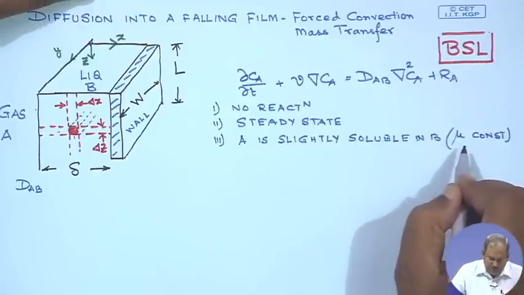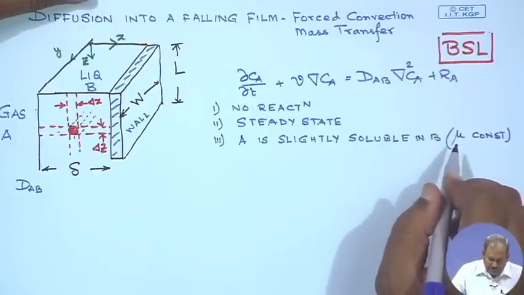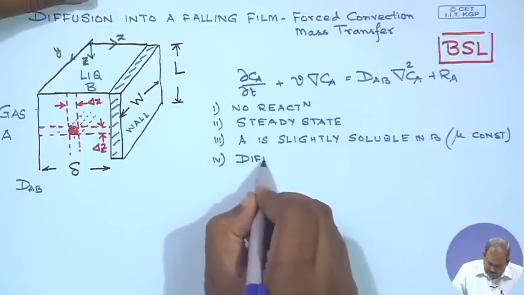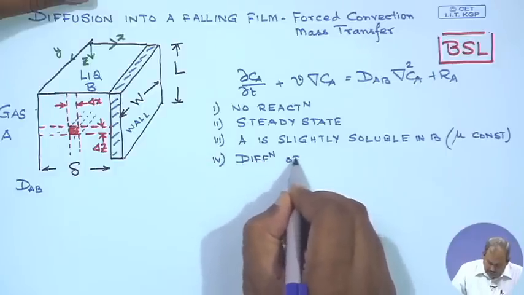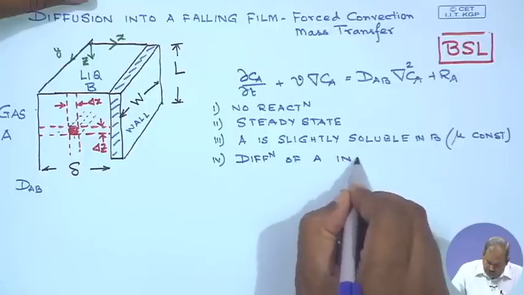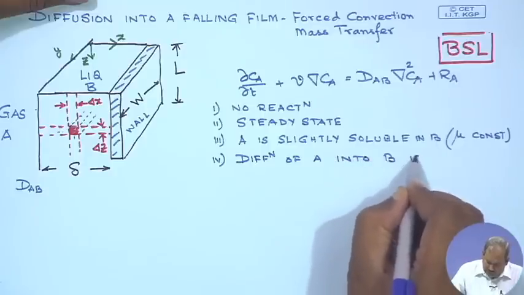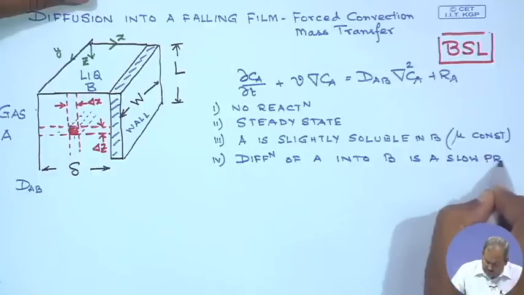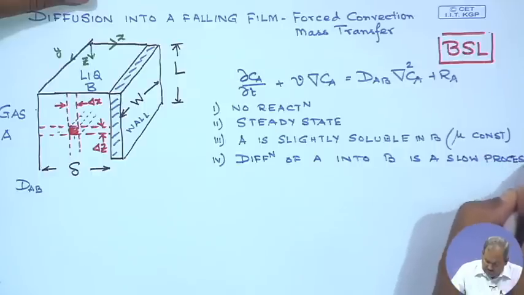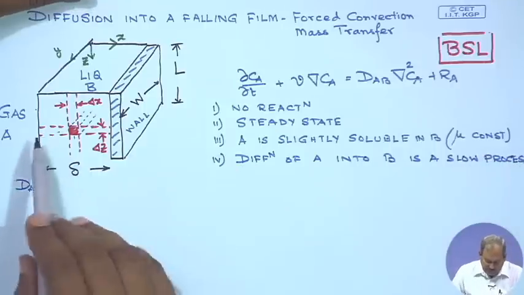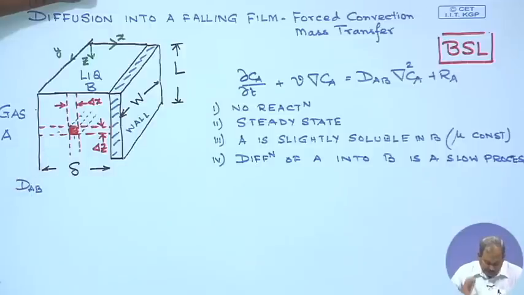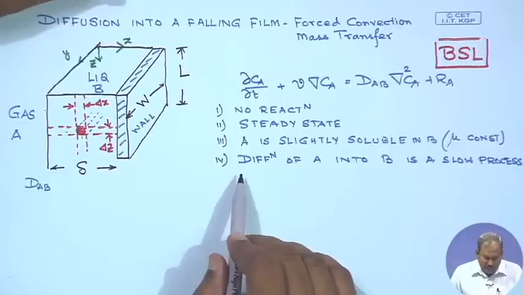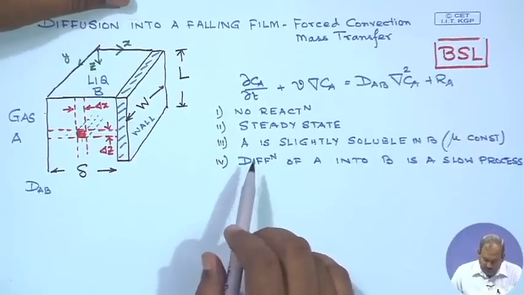So, mu is a constant, and the fourth one is diffusion of A into B is a slow process. What this simply tells us is that the penetration of A into B is taking place over a period of time. It's not a very fast penetration.